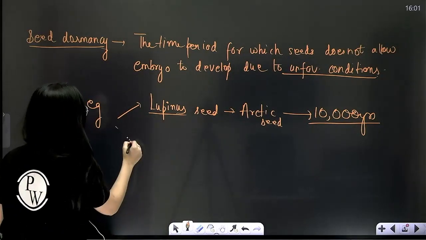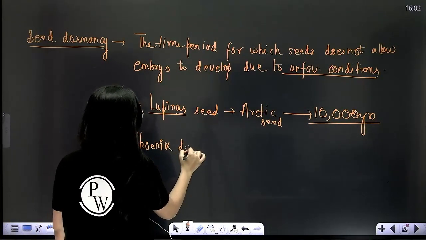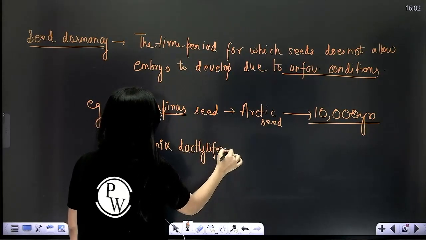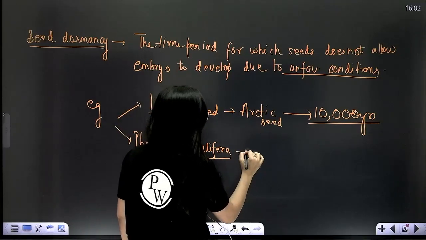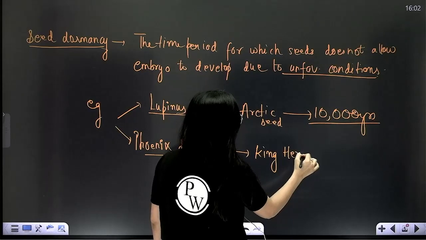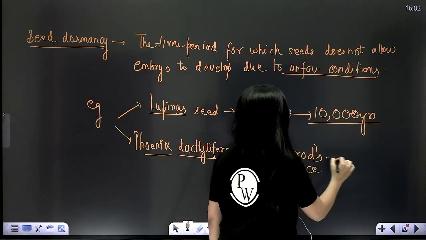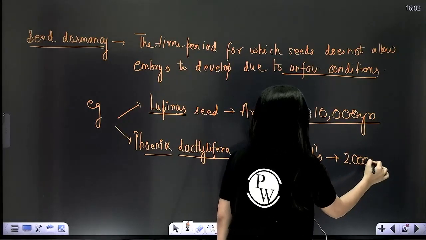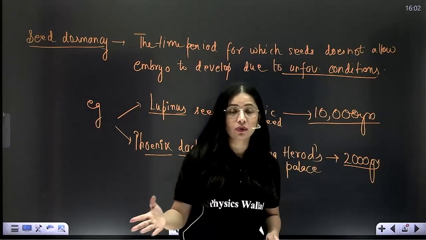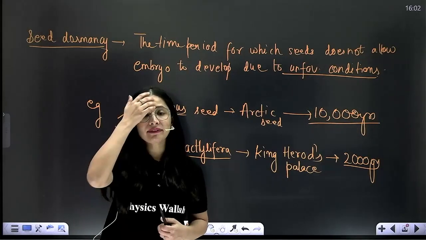So it was extracted from King Herod's palace. The dormancy range is 2,000 years and they are still viable even after this period of time. So I hope you have understood the seed.